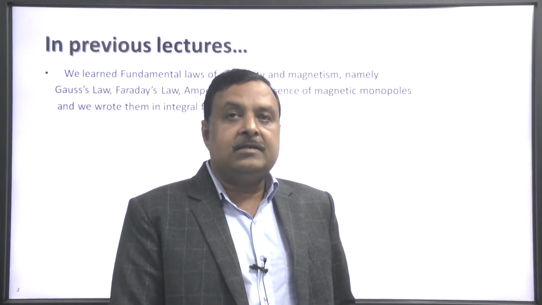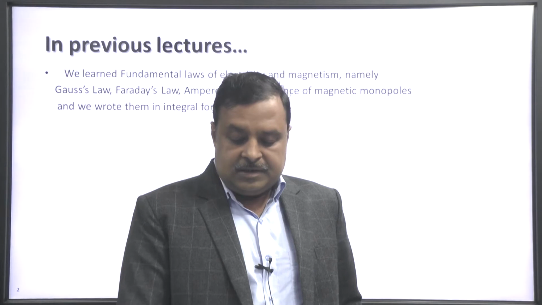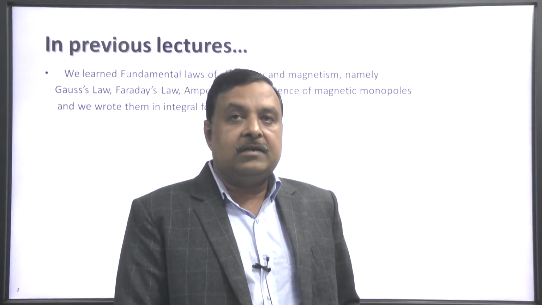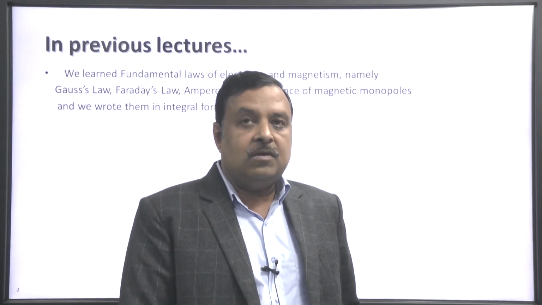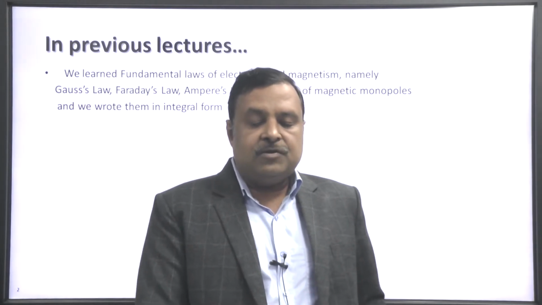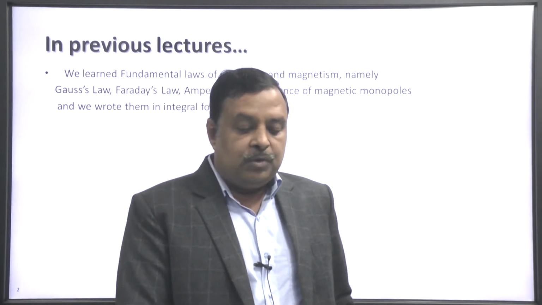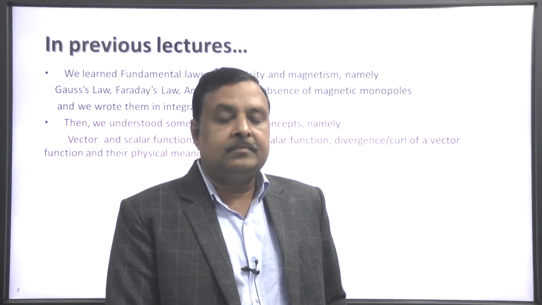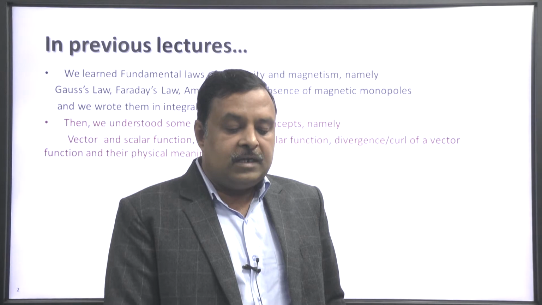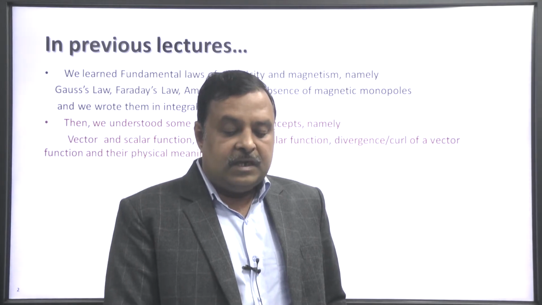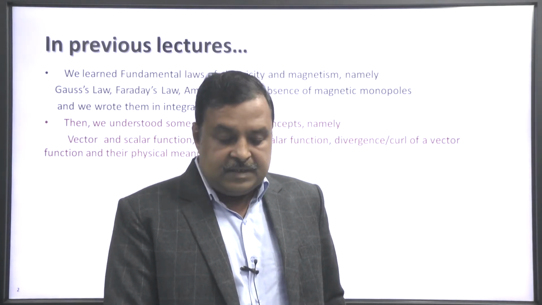So, let us see what we have learned in previous lectures. In previous lectures, we learned fundamental laws of electricity and magnetism, namely Gauss's law, Faraday's law, Ampere's law, and absence of magnetic monopoles. And we wrote them in integral form. Then we understood some mathematical concepts, namely vector and scalar function, gradient of a scalar function, divergence, curl of a vector function and their physical meaning.